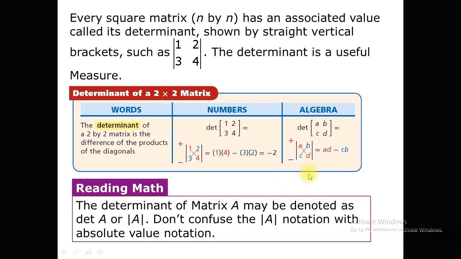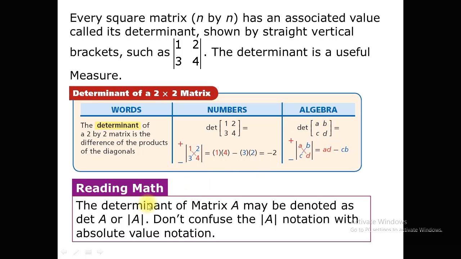So for the determinant of a 2 by 2 matrix, find the difference of the products of the entries of the diagonals. First multiply these two entries and then multiply the other diagonal entries. We get AD minus CB, and this is the determinant of a 2 by 2 matrix.